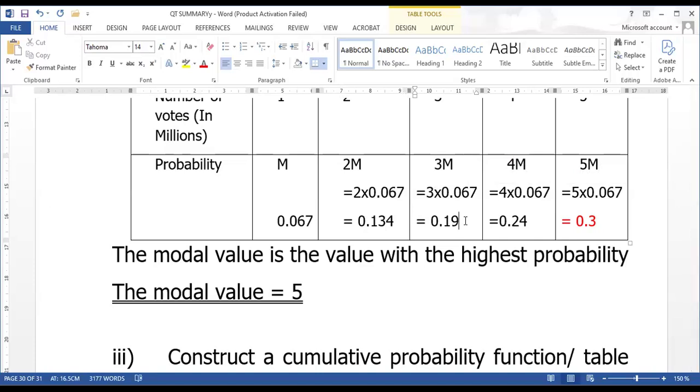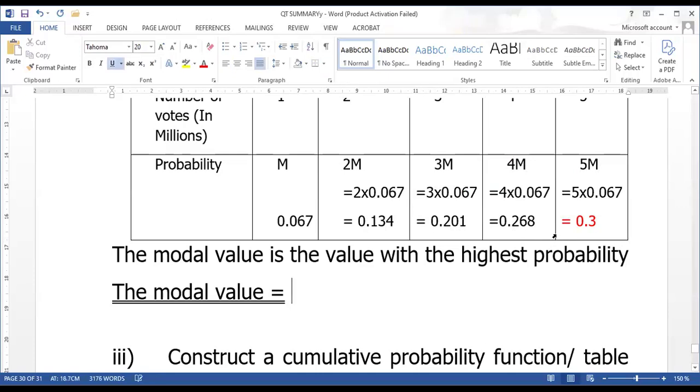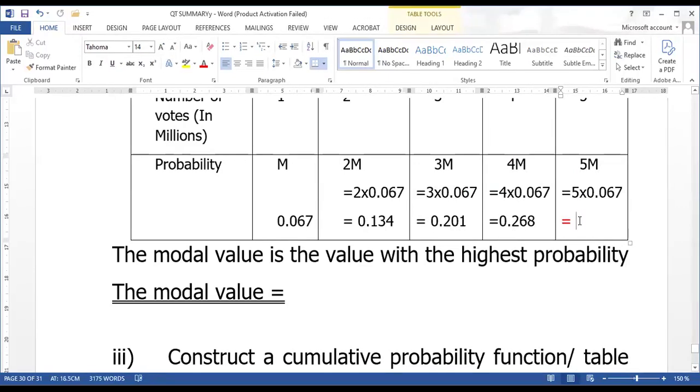When you use 0.201. 0.201 like this. Then here, 0.268. Then here, 0.335.